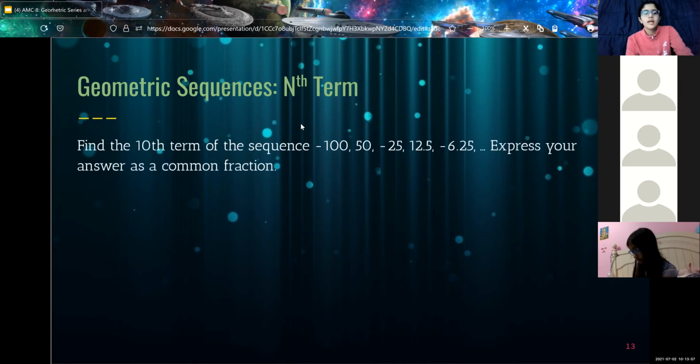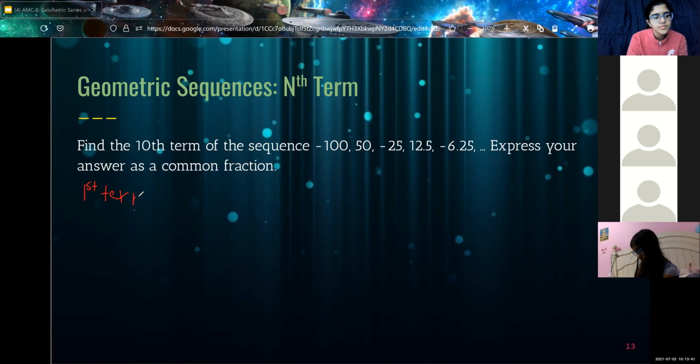Okay, so another problem. Find the 10th term of the sequence negative 100, 50, negative 25, 12.5, negative 6.25, and so on. Express your answer as a common fraction. Okay, so I shall just write the equation out again. So first term, and this time I'm going to write it in words instead of with the variables, because someone said that confused them.